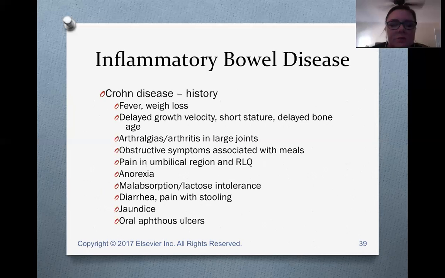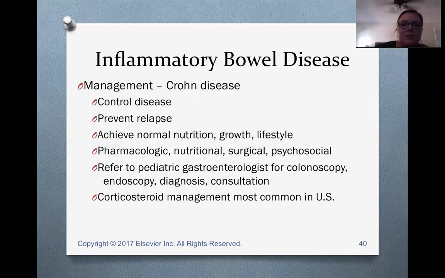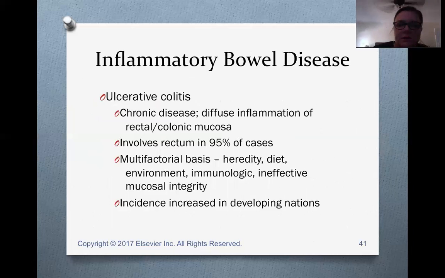So, and again, just want to point out, it can start in the mouth and have aphthous ulcers in the mouth all the way through the intestinal tract. And so basically treating the flares, and they use a lot of steroids to treat the exacerbations, and also now using some other type of medicines that are mostly IV medications that are not steroids, but definitely are immune modulators that have an effect on our response to infection and other things.